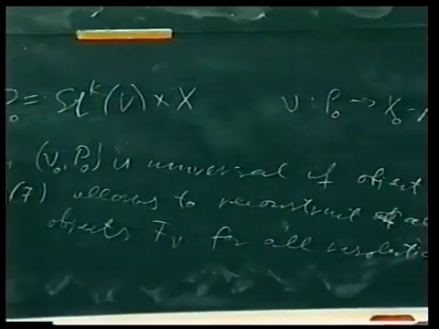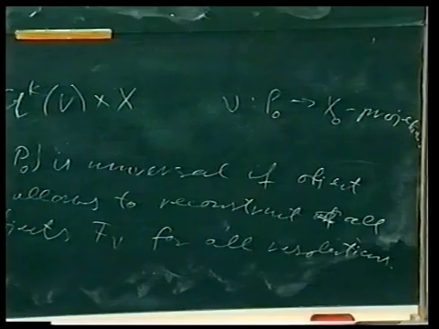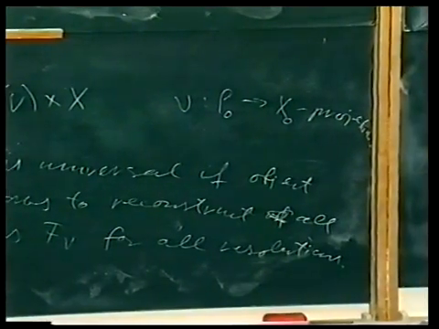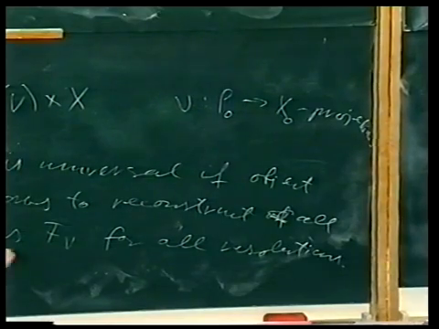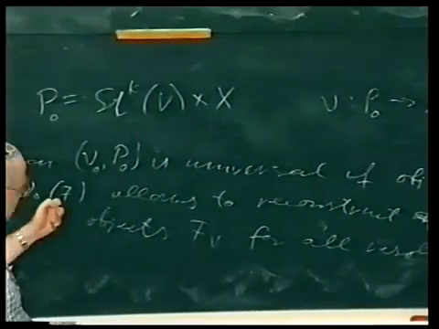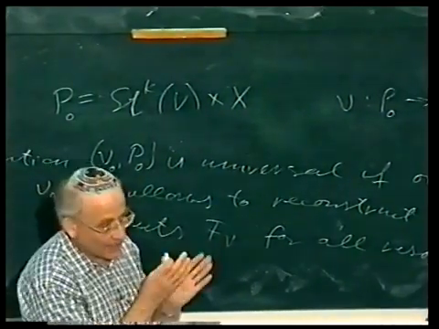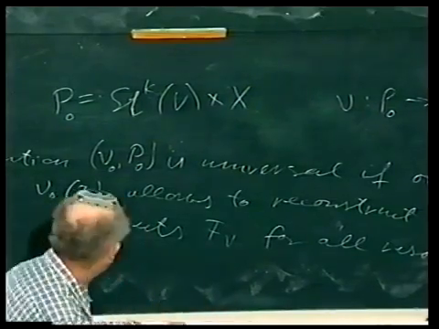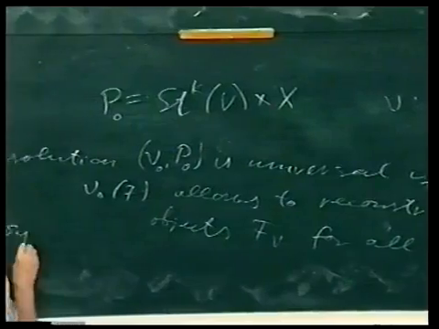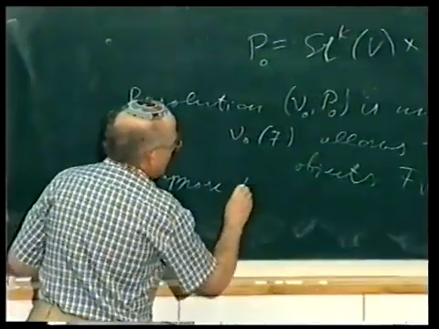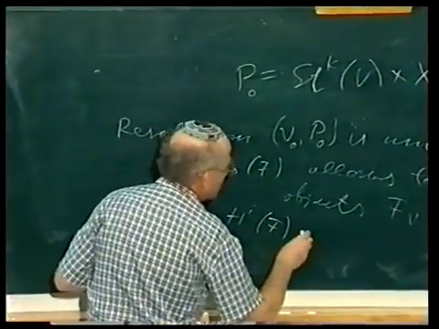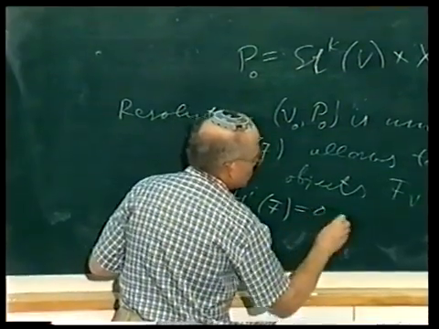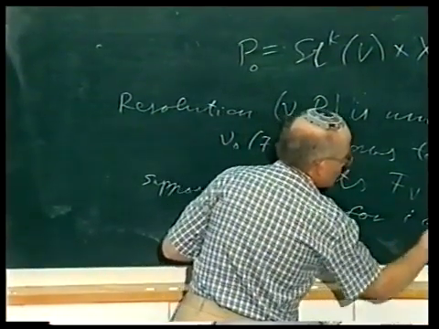Okay, so I claim that this resolution which we constructed is not quite universal, but it's almost universal. Namely, it has the following properties. F, I remind you, is a complex of sheaves. As any complex of sheaves, it has cohomologies in some dimensions. So let's suppose H^i(F) is equal to 0 for i outside of some interval.